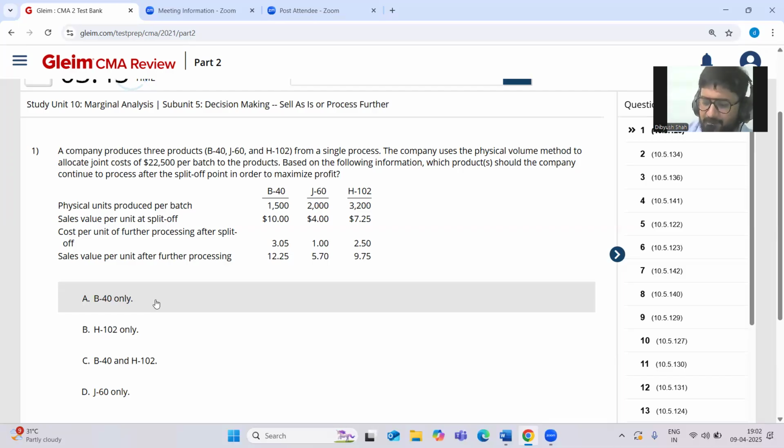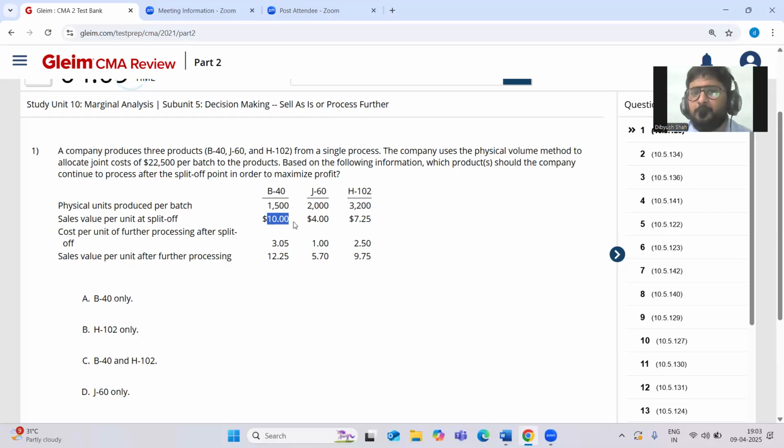After further processing, the final sale value will be 12.25. If I would have sold it at split off only, it would have given me $10. So extra I am getting per unit by processing this product further is 2.25.